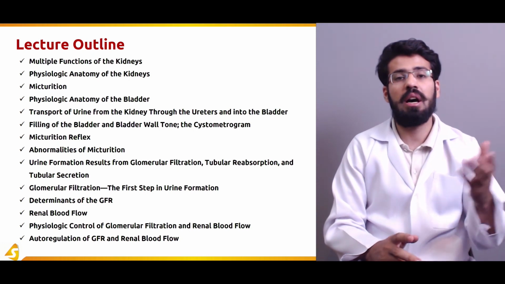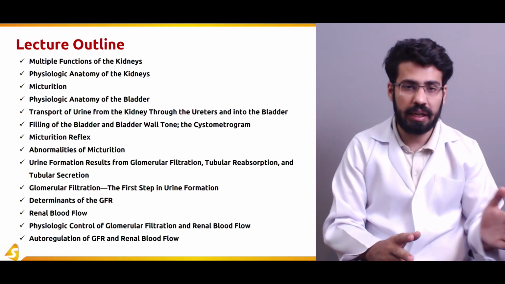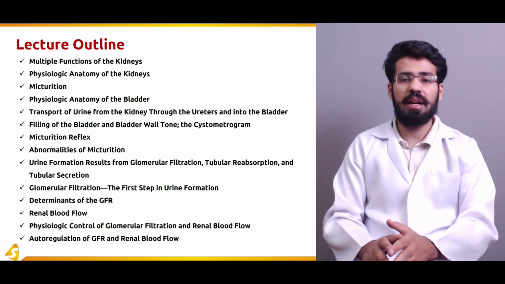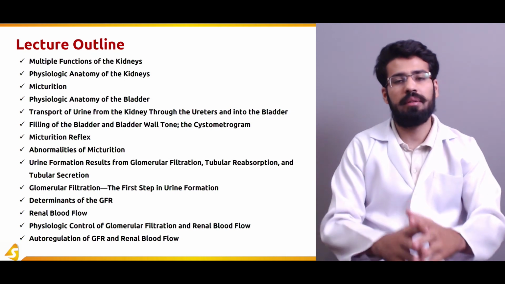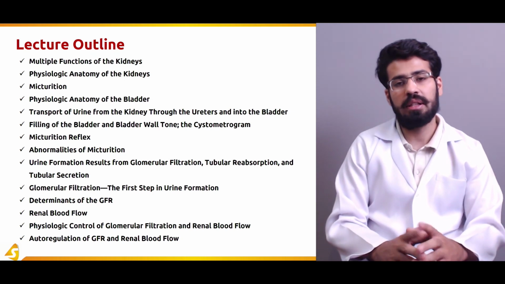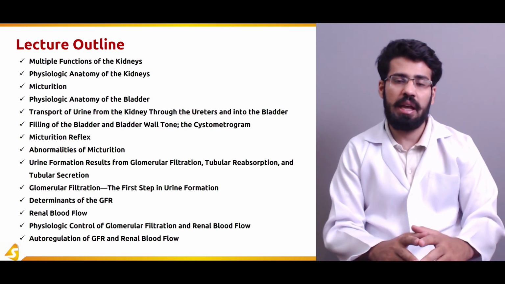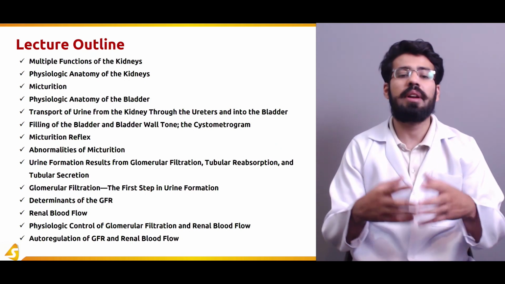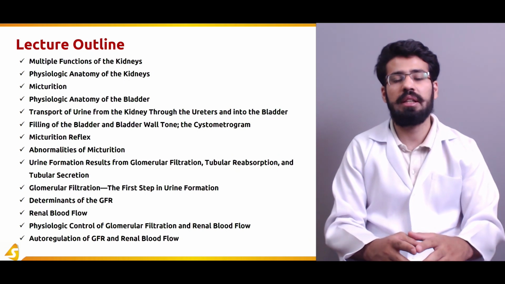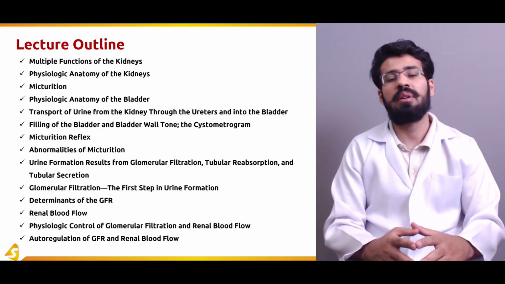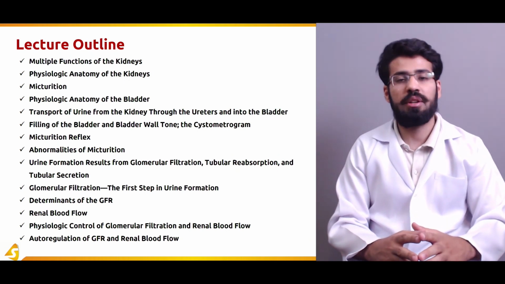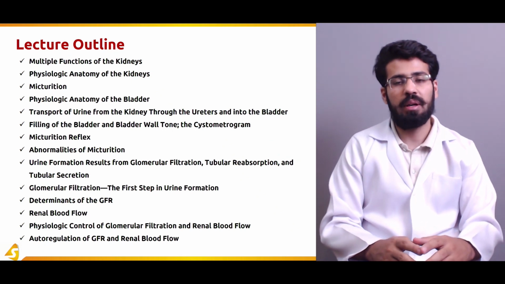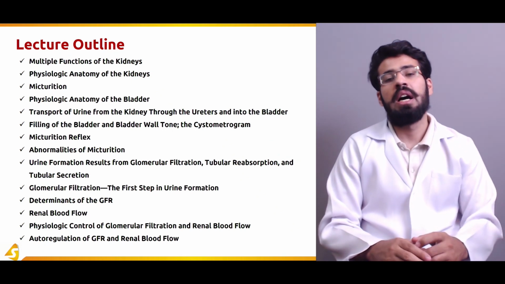We have discussed how the urine is transported from the kidney through the ureter into the bladder and from the bladder through the urethra. We have discussed the micturition reflexes and how they are regulated, and what are the abnormalities of micturition, one of which was the atonic bladder, which results from injury to the sacral region.